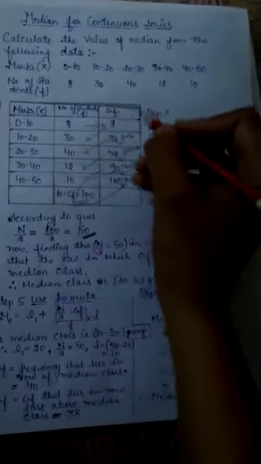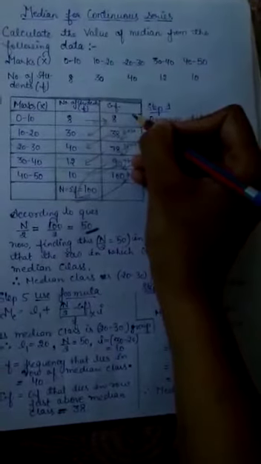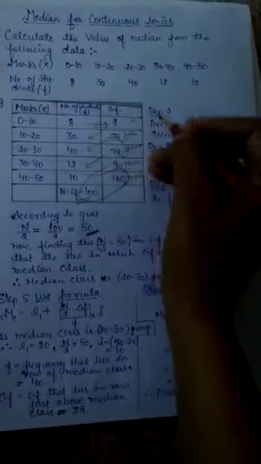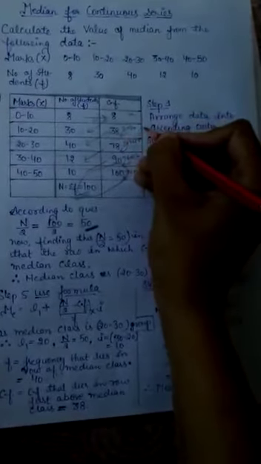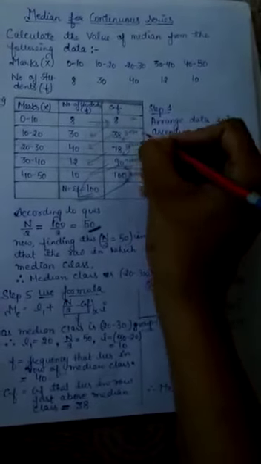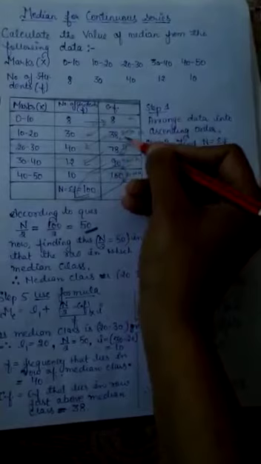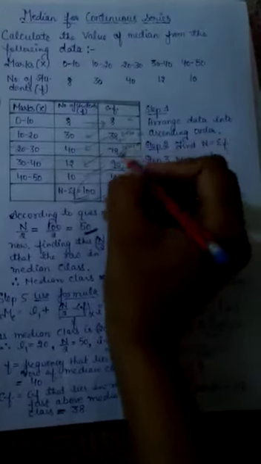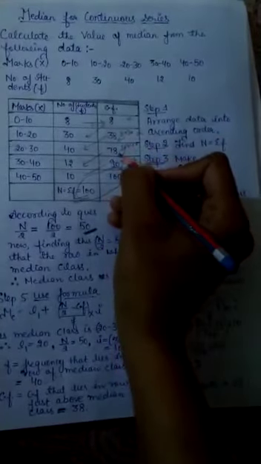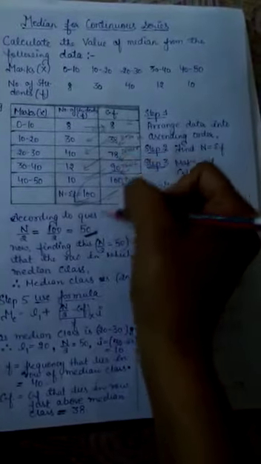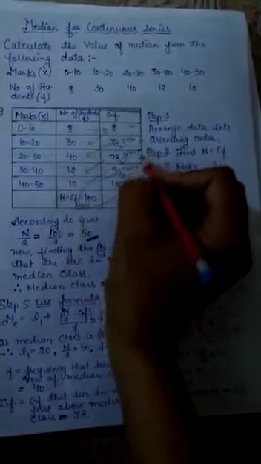So let's have a check. This 8 is smaller, so it will not be a median class. This 38 is smaller, it will not be a median class. Now you have got 78. Before it is smaller, so this is the next value which you are getting greater than 50.